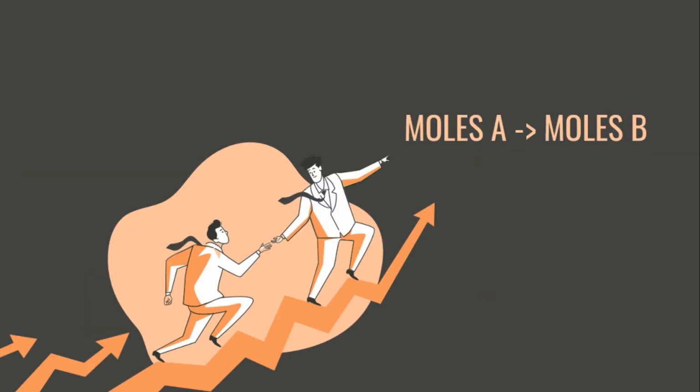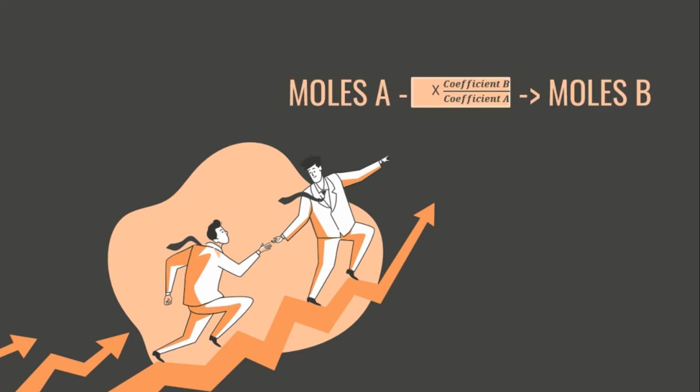So this is always the central part of the stoichiometry calculation, the mole-mole conversion. These mole-mole conversions always follow the same format, where A is the amount given in the problem and B is the amount wanted in the problem.